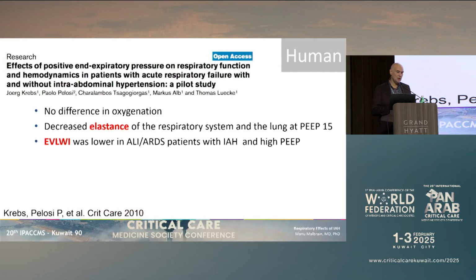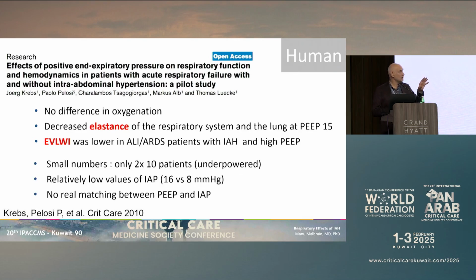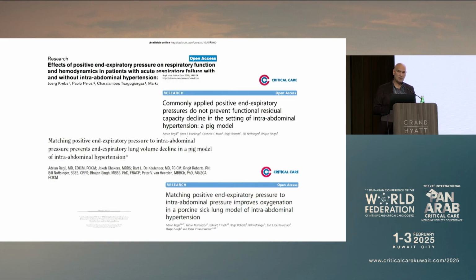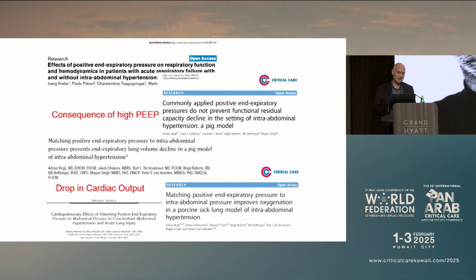And there was one human study in a small sample where it was found that extravascular lung water was lower in the patients treated with PEEP set to the intra-abdominal pressure. The common denominator of these studies is that increasing the PEEP to the intra-abdominal pressure may result in hemodynamic compromise.